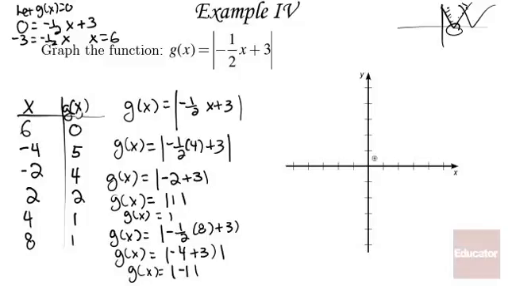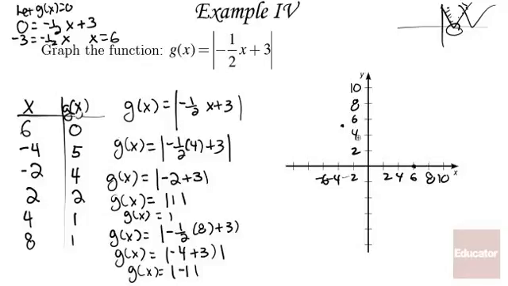Starting out with this point right here, when x is 6, g of x is 0. So I know I'm going to have a line up here and a line up this way. When x is negative 4, g of x is 5.